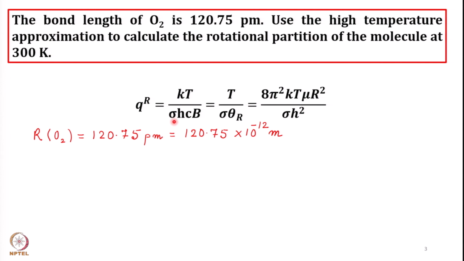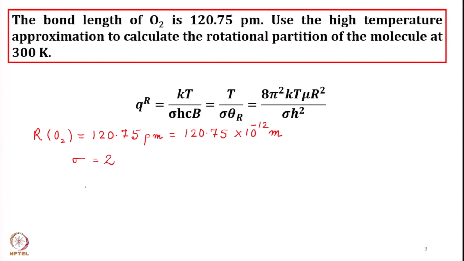Sigma is the symmetry number. Oxygen is a linear molecule, so a 180 degree rotation leaves the molecule in an indistinguishable state. Therefore, we can straight away write sigma is equal to 2.